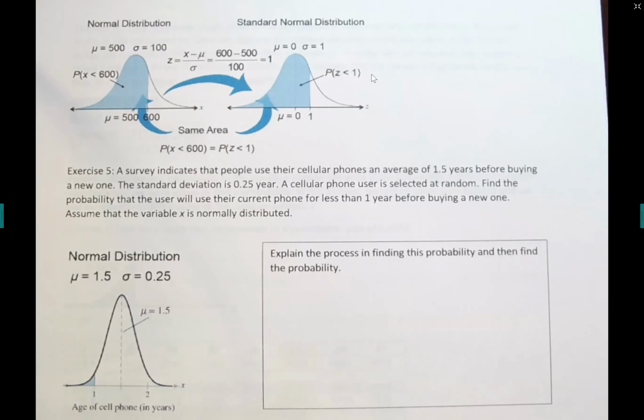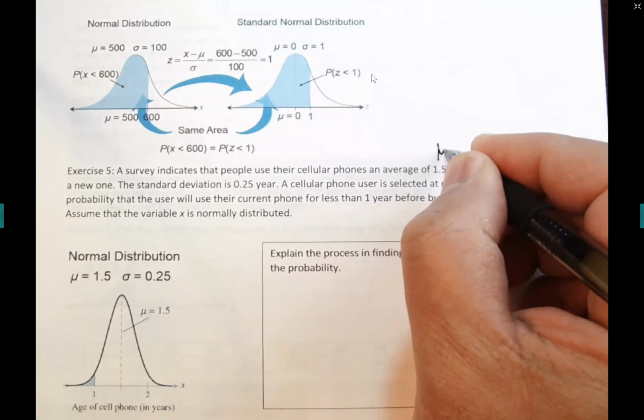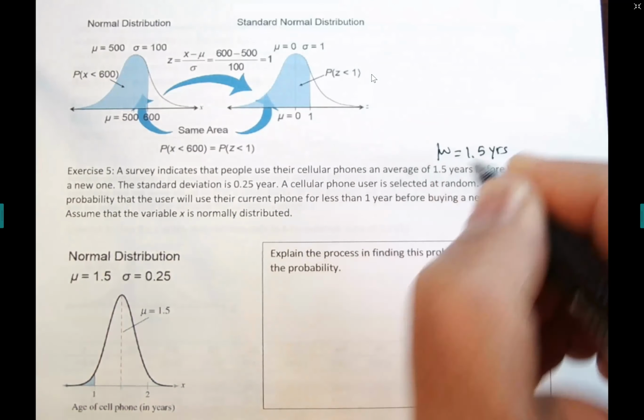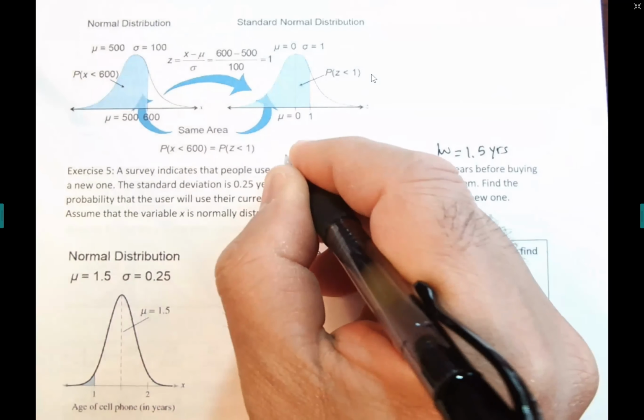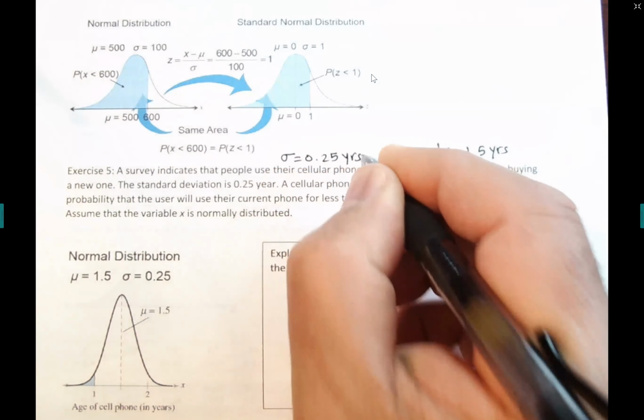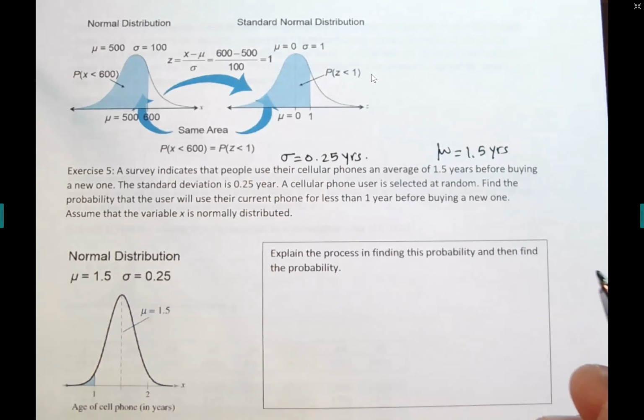The standard deviation is 0.25. So the mean is 1.5 and the standard deviation is 0.25. So it's not Z, it's X. Once it doesn't say 0 and 1, it doesn't use Z, it's X.